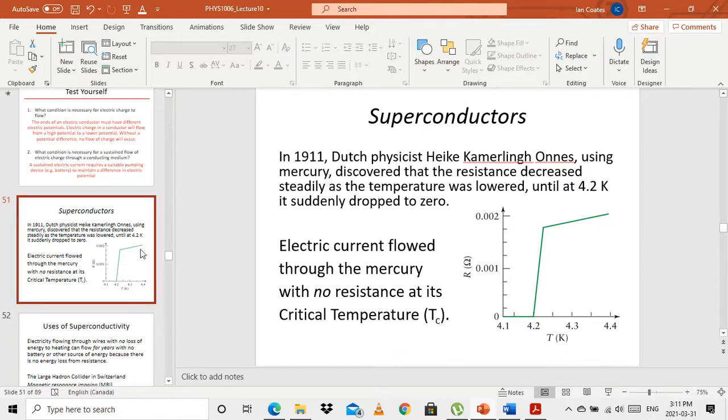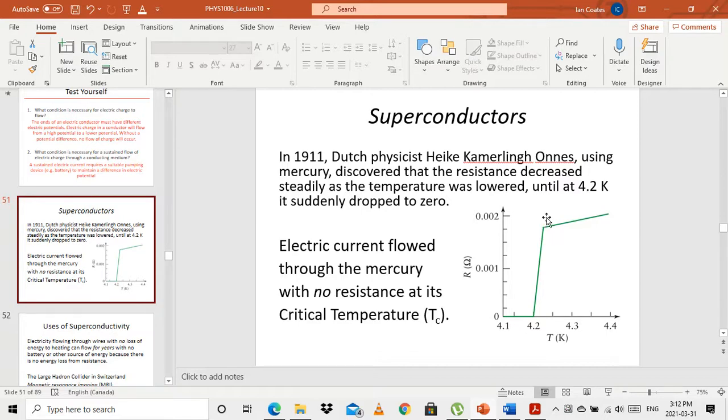So this guy's using mercury, and the resistance is decreasing as it gets colder, and pretty steadily too. So it gets easier and easier for electrons to flow up until about 4.2 degrees Kelvin.